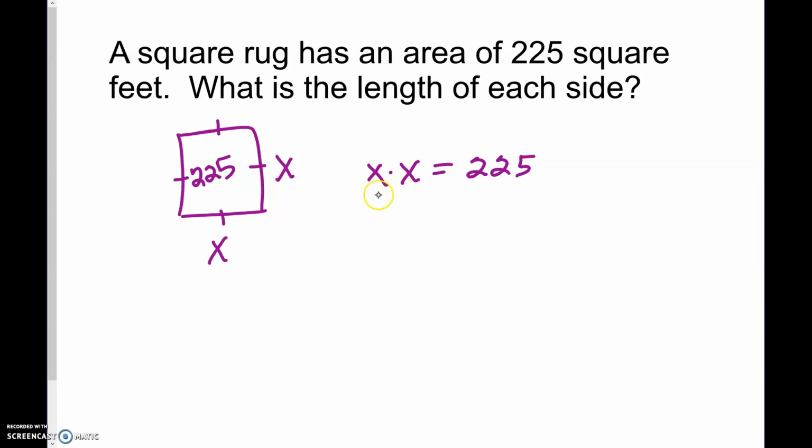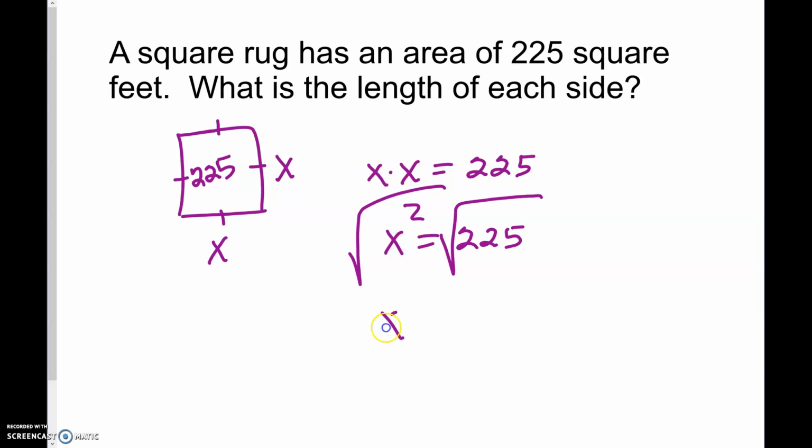So what number, same number times itself, gives you 225, which is like saying x squared equals 225, which means we are taking the square root of each side. So remember, this is 15 and a negative 15, but we're talking about the length of something here. So we're only going to use the principal square root, which is the positive one. So we have 15, and that label should be feet. So remember, we're taking the square root of 225.